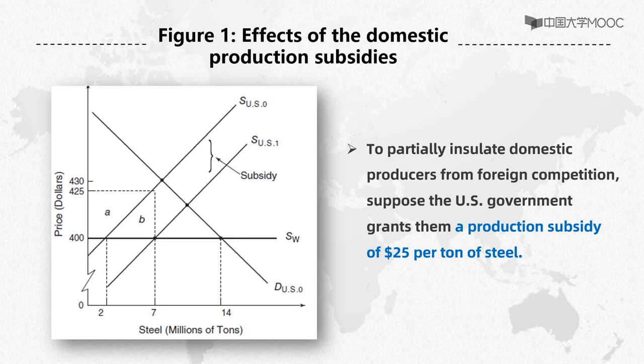The cost advantage made by the subsidy results in a right shift in the U.S. supply schedule from U.S. 0 to U.S. 1. Domestic production expands from 2 to 7 million tons, and the imports fall from 12 to 7 million tons. These changes represent the subsidy's trade effect.